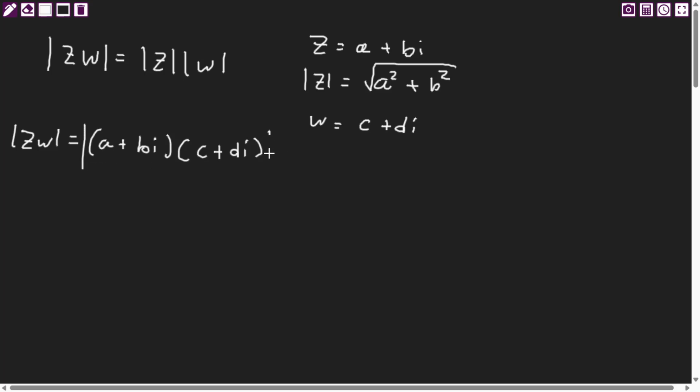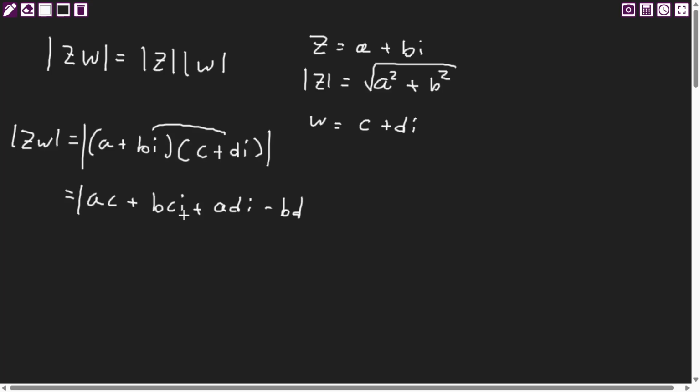Now if we expand this, we get ac, add bci, add adi, and then these two will make minus bd, because i squared is minus 1.